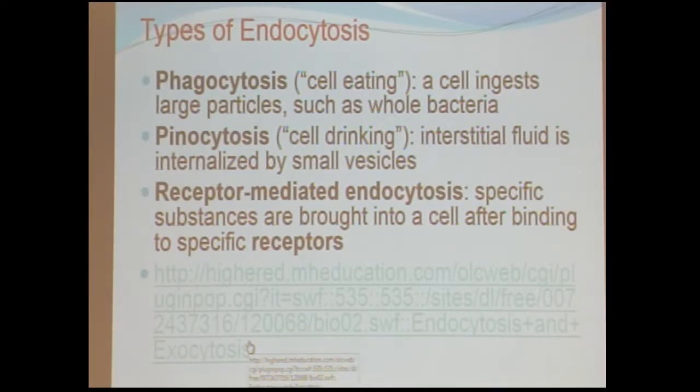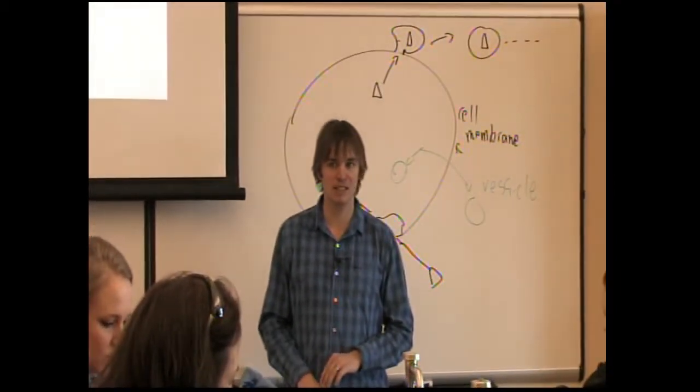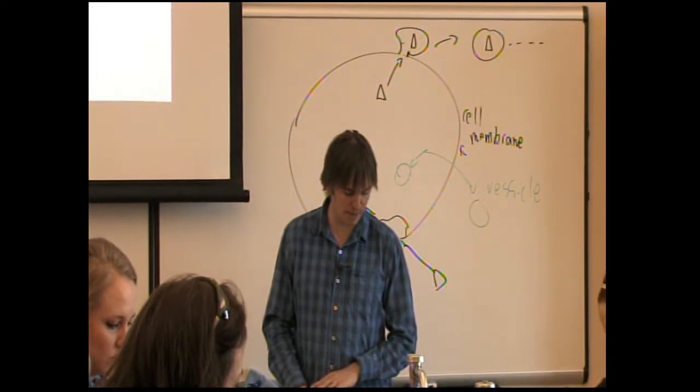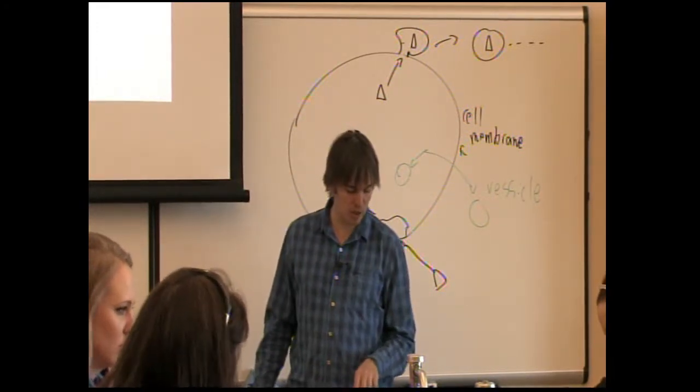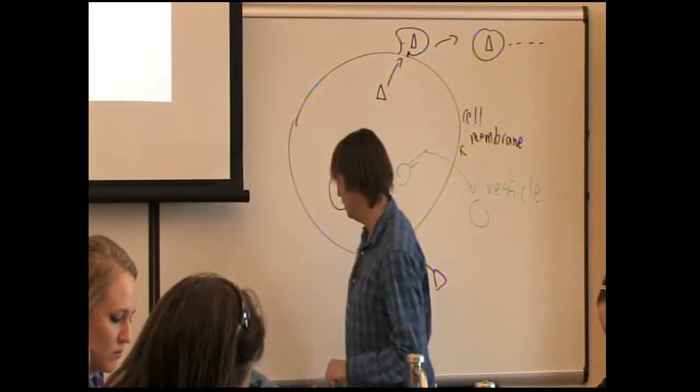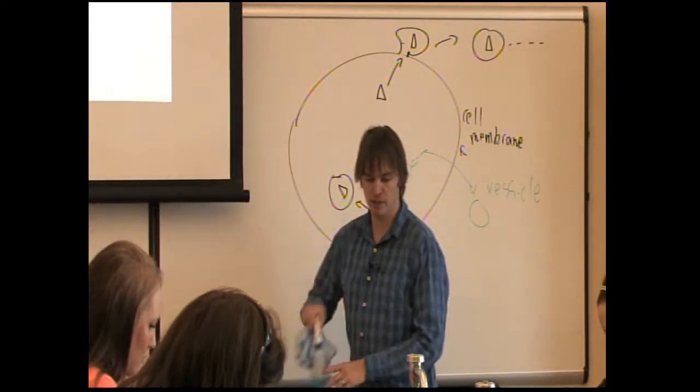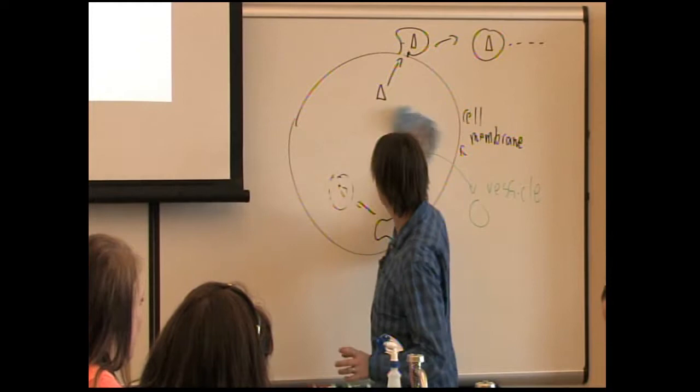Anything else? I gave you just 3 things to learn, but they were all pretty complicated. Yeah, so basically simple diffusion, facilitated, and active. I think the best way to show that is with a table, probably.